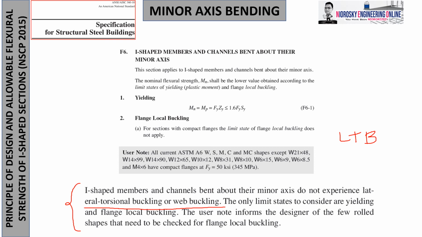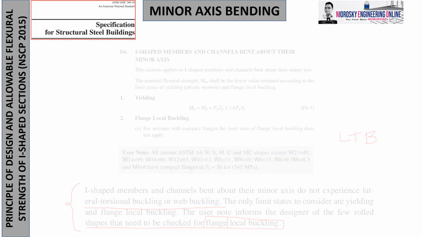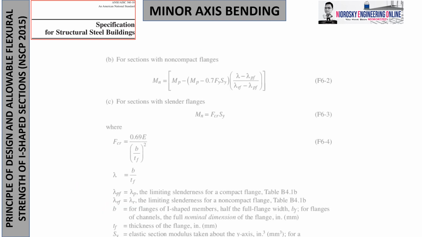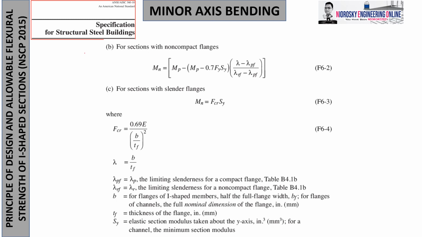So, the user note informs the designer of the few rolled shapes that need to be checked for flange local buckling. So, we are critical on flange local buckling. The same goes for how the second criterion is computed. Just plug the values into those.